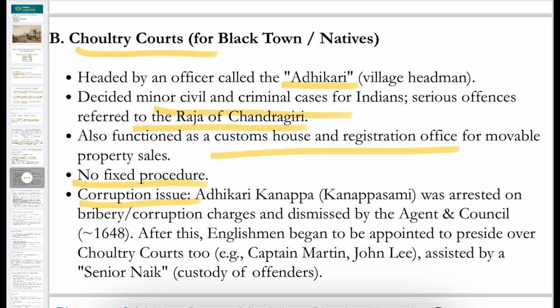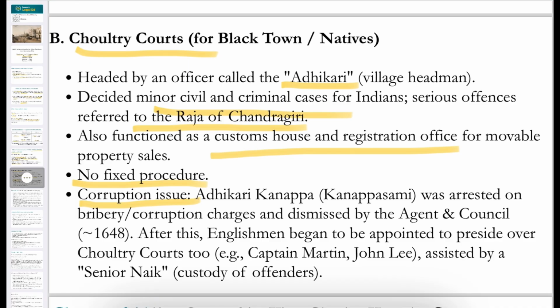In this notable incident, an adhikari named Kanappa was arrested and dismissed from office on charges of bribery and corruption after an inquiry by the agent and council.